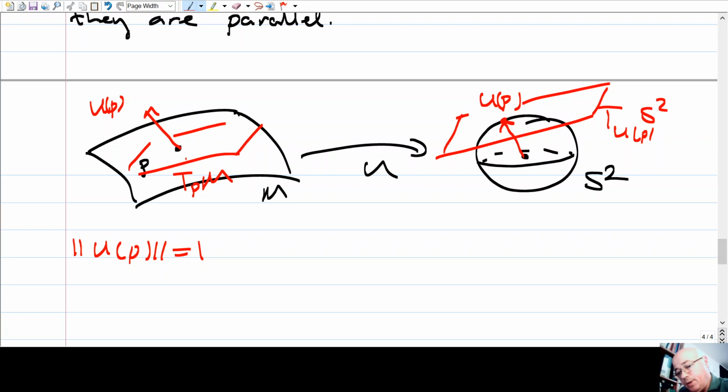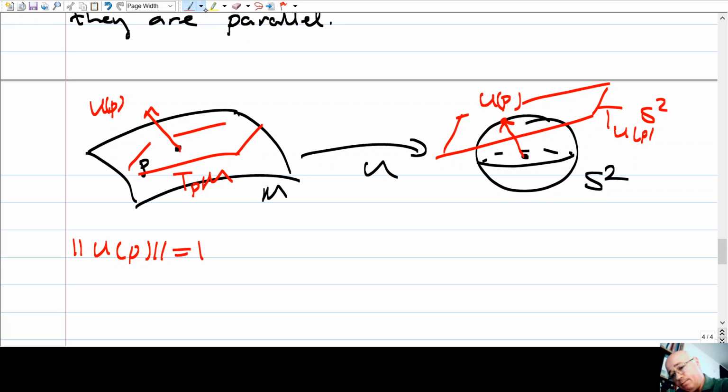As vector spaces, I regard both these points as their origin. Therefore, as vector spaces, these are the same. So U takes the point P to U_P and takes this tangent space to this tangent space, but as vector spaces, these are the same.